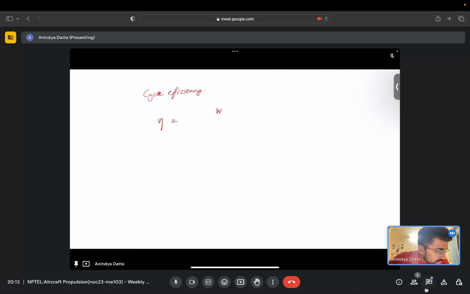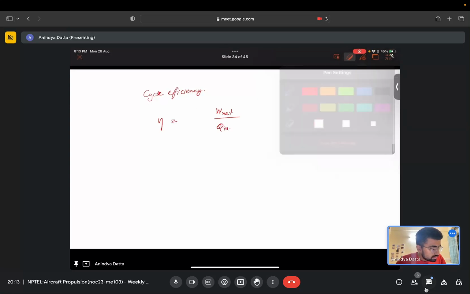That should be our net work output divided by the input fuel energy, Q in. So this is the specific work divided by the specific fuel input.